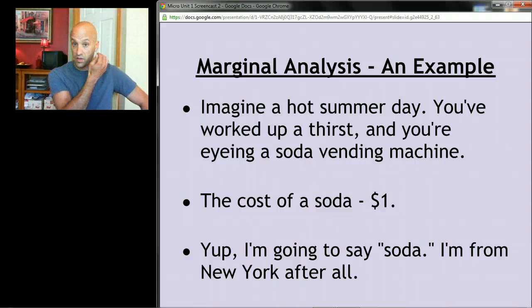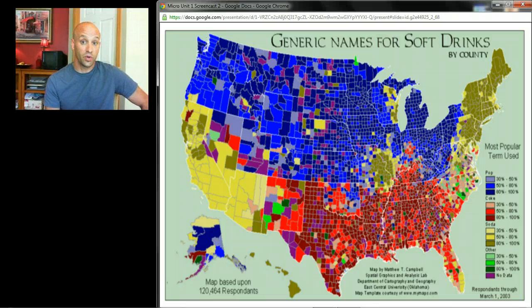Now, kind of separately, as an aside, I was surprised when I kept hearing the word pop when I moved to the Midwest. So I did a little research and I found this map which shows you in the country which people call soda what. So if you look in the blue area, that's where we are. That's where people call soda pop, and that's probably what you call it.